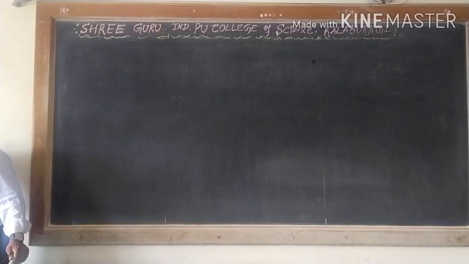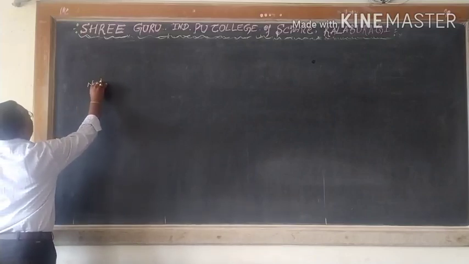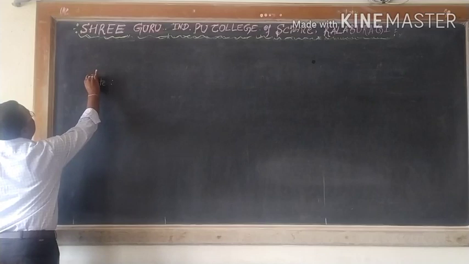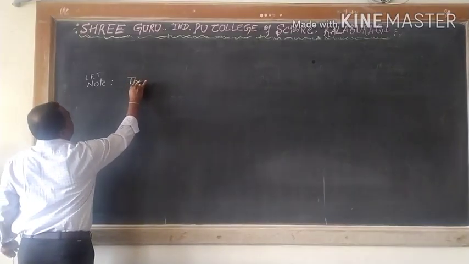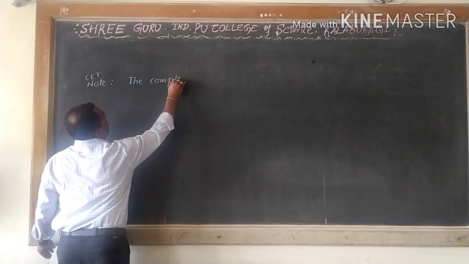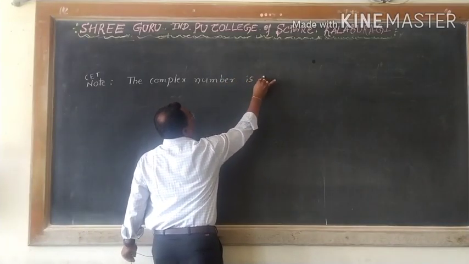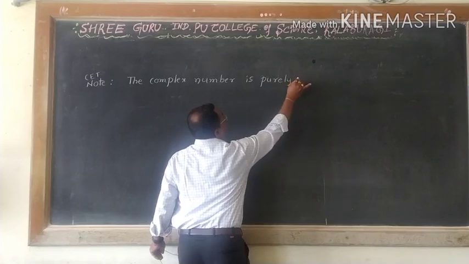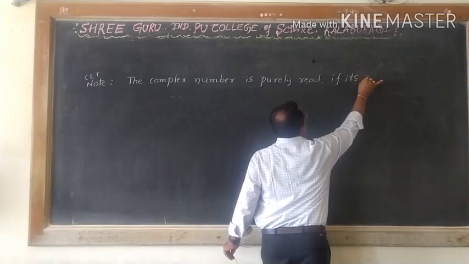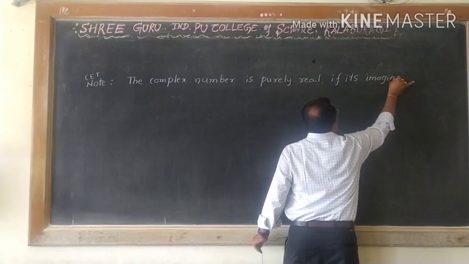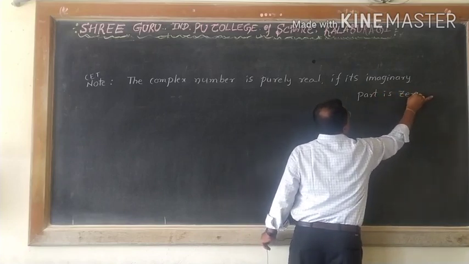Next, that is a note, CET point. The complex number is purely real if its imaginary part is 0.